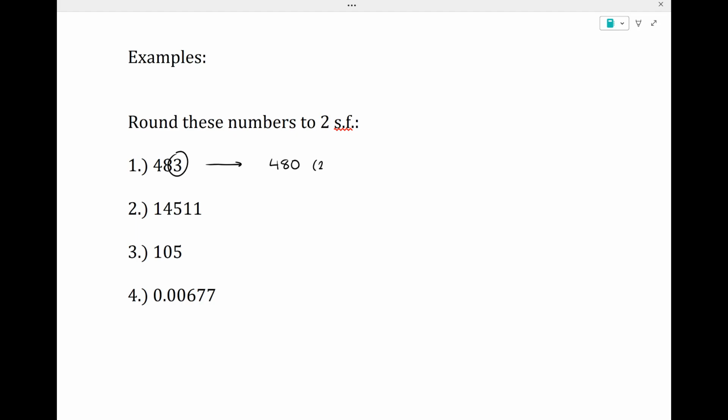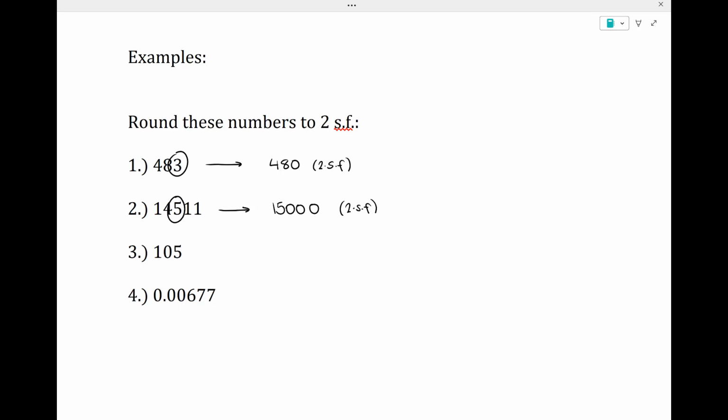We always want to write two significant figures in brackets next to it to let the examiner know what we're doing. This next one, the third digit is this one here, 5. 5 rounds upwards, and so 14,511 becomes 15,000. Once again, writing 2SF in brackets next to it.